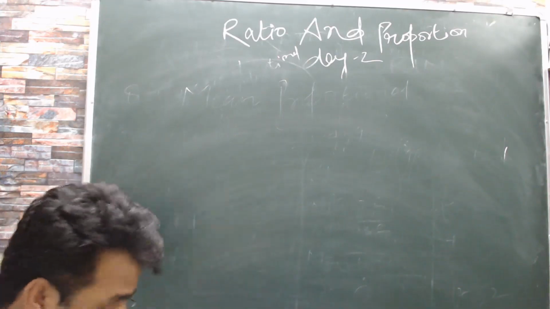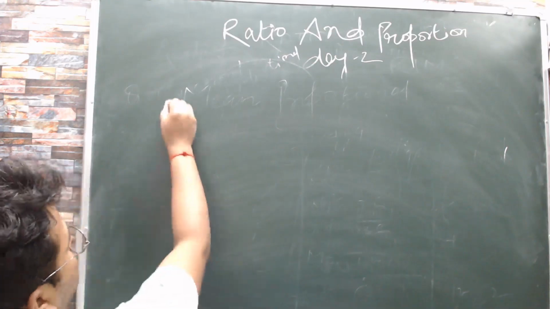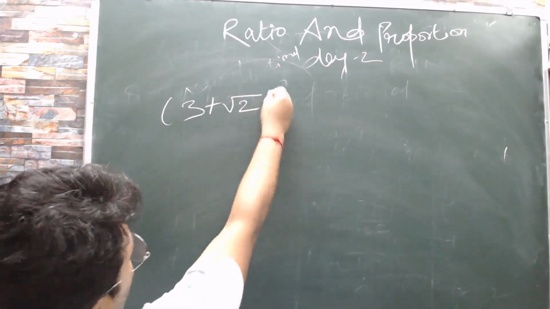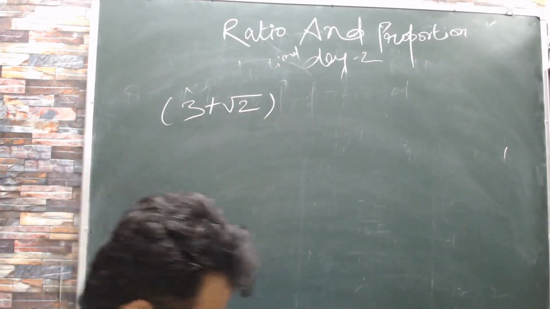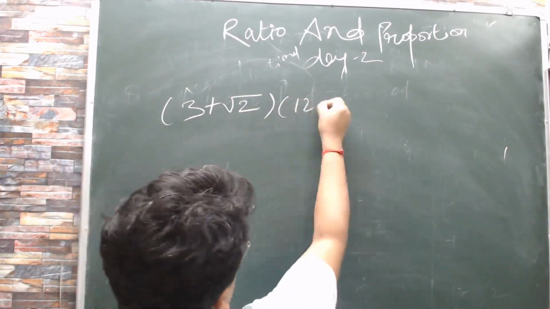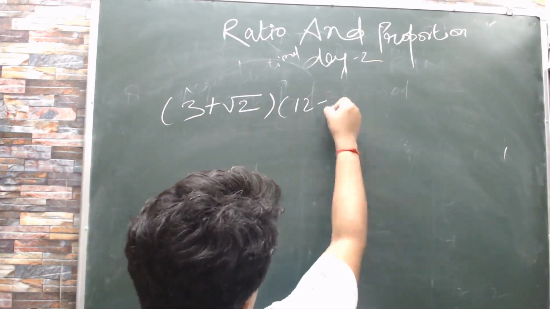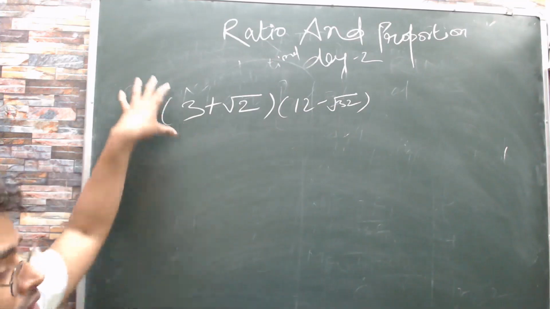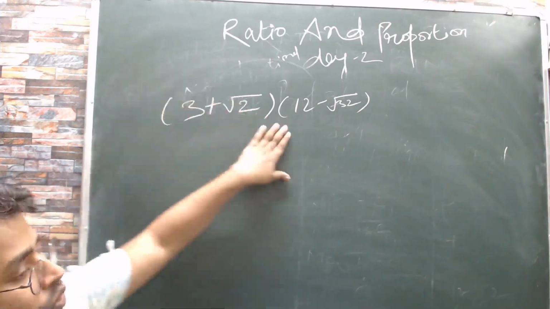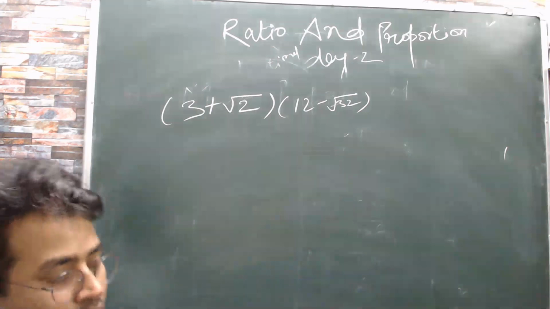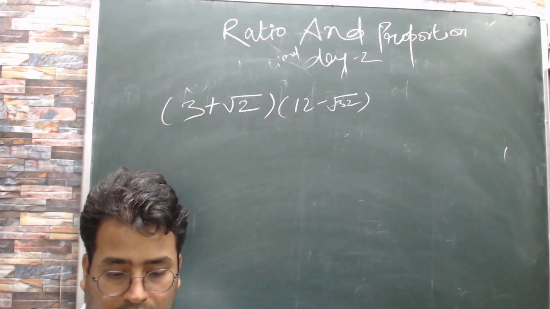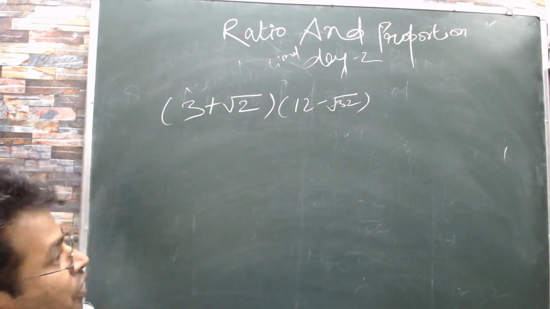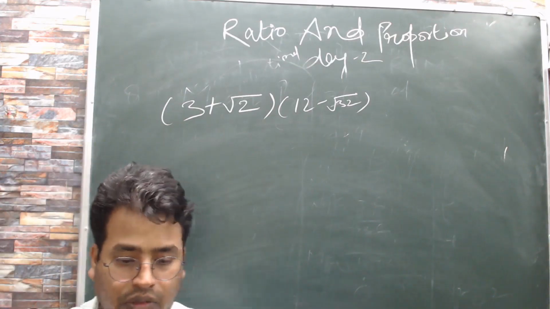So find the mean proportional between 3 plus root 2 and 12 minus root 32. Find the mean proportional between 3 plus root 2 and 12 minus root 32. How can you find the mean proportional? Try to do it. Go fast, do it. Who will give the answer? Rudra, beta.